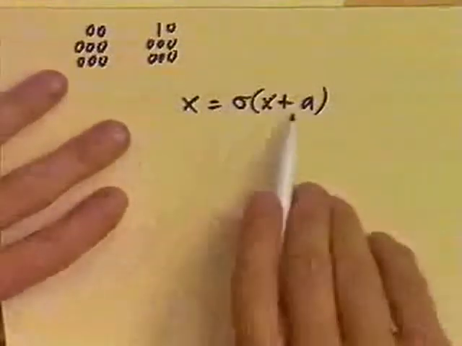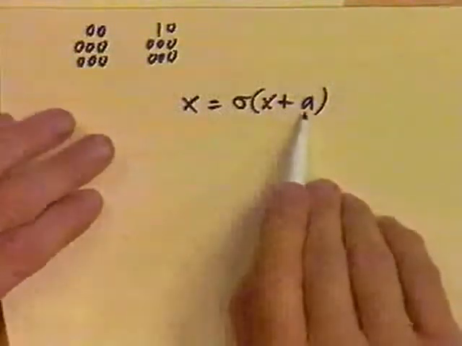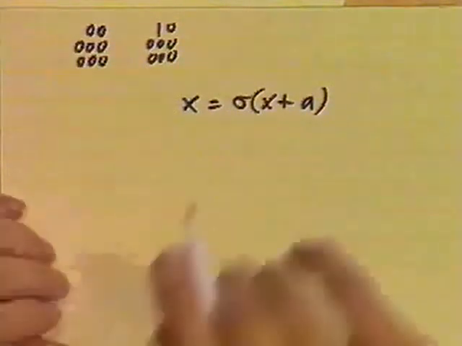That was their definition. So a is a vector. It says you add sand to it and you get back to yourself again, and that was the definition of a recurrent state. But it turns out that that's not the right definition.